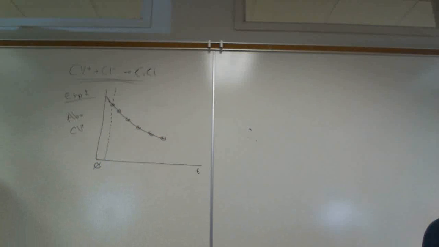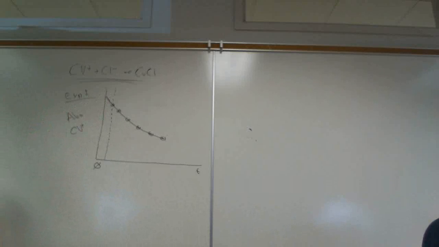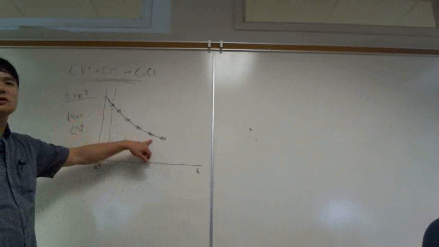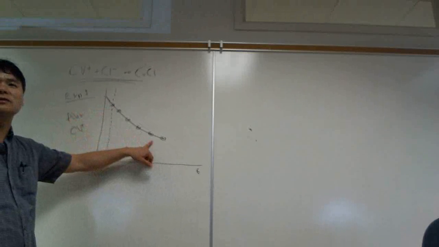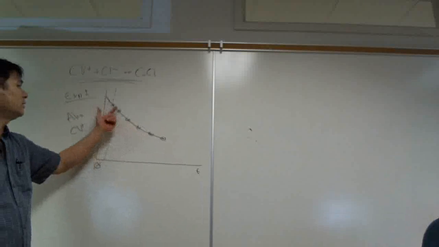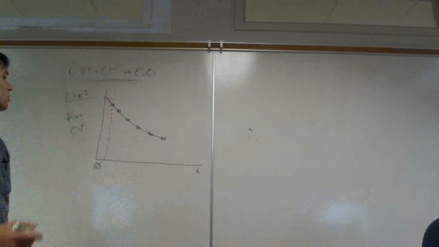What we're missing is just this beginning part here. But based on the shape of this curve, can we still determine if it's first order, second order, 0 order? Yeah. And so that's okay. We can live without this first part of data here because we can still determine it.